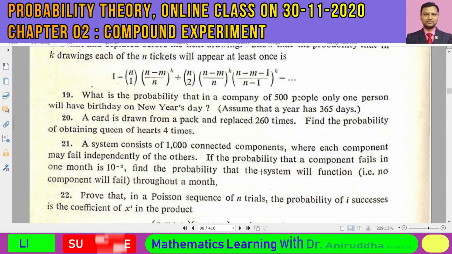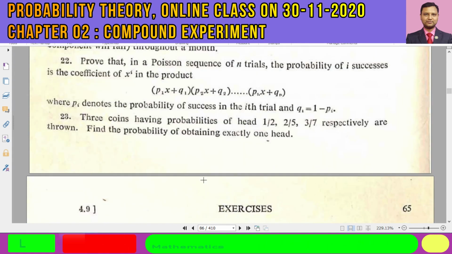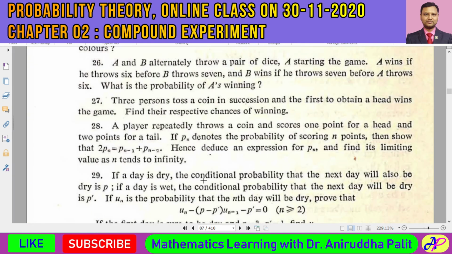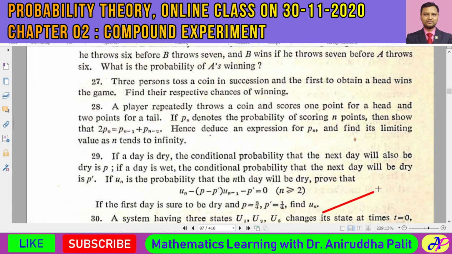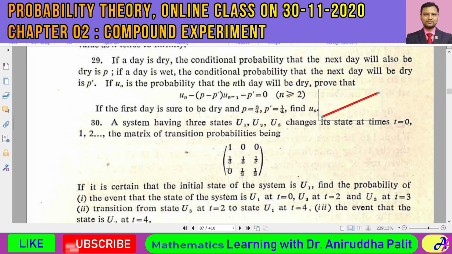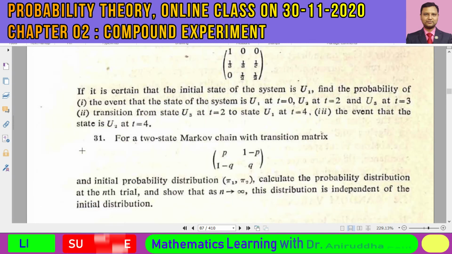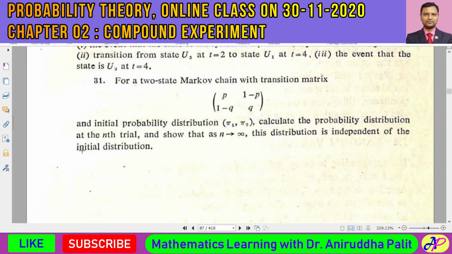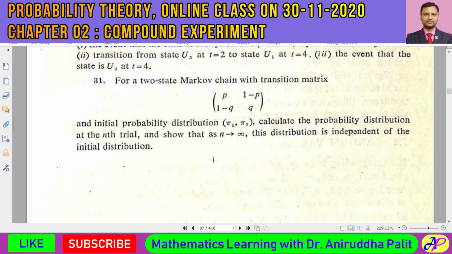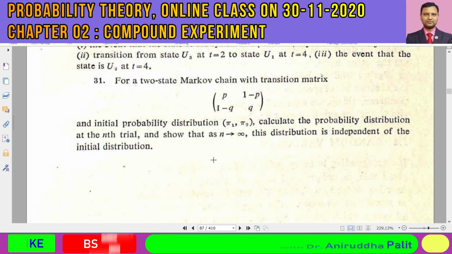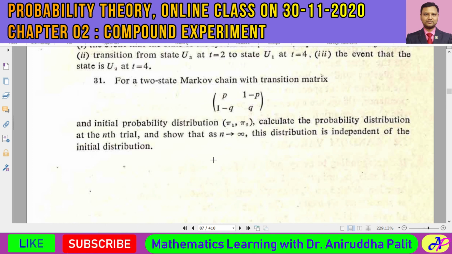You can go through these problems. I would suggest you go through up to problem number 29 at most, because the rest is about Markov chains. Although it is mentioned in your syllabus, I would discuss all these results regarding Markov chains at the end of the entire syllabus.